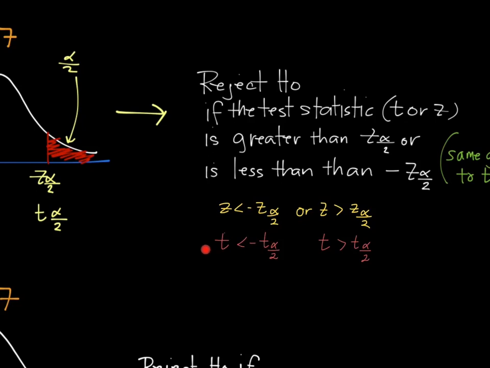Now the same reasoning for t, and that means we change the z into t. So when t is less than the negative of t of alpha over 2, or the t is greater than t of alpha over 2, then the decision is to reject the H0.